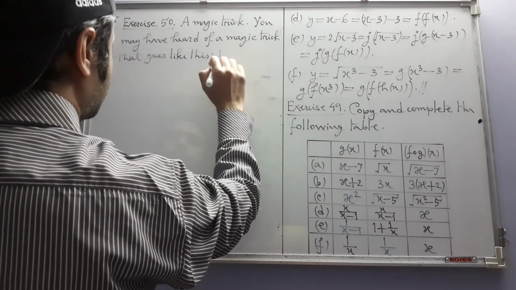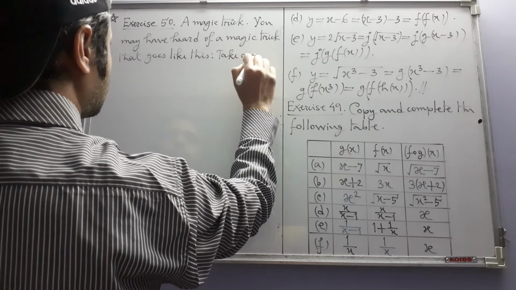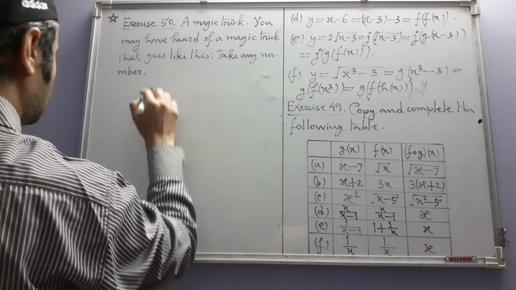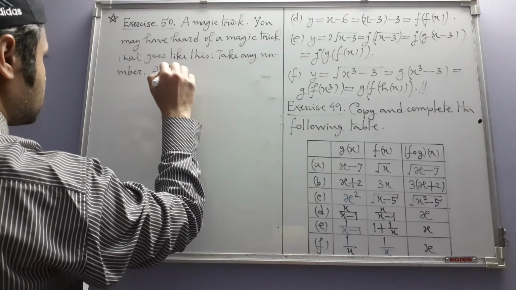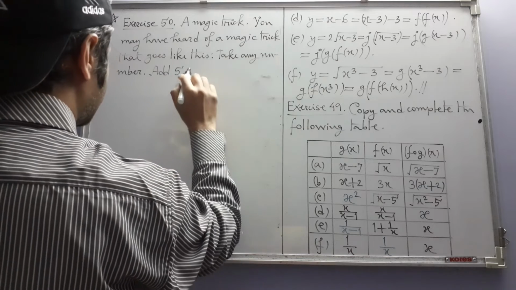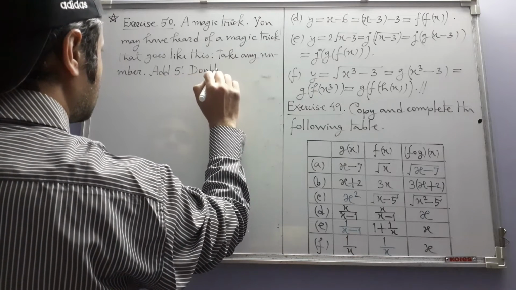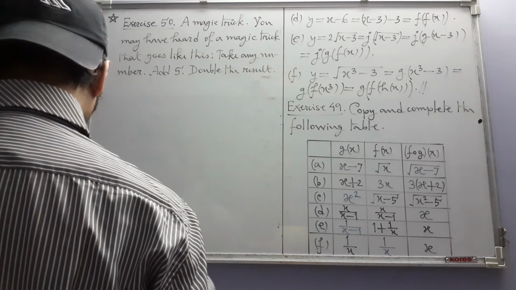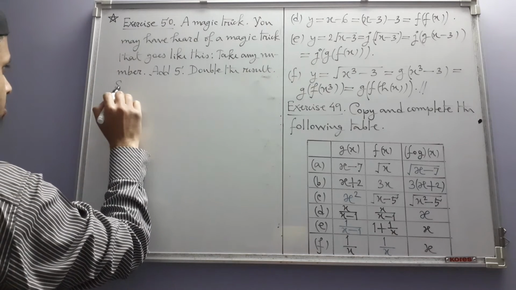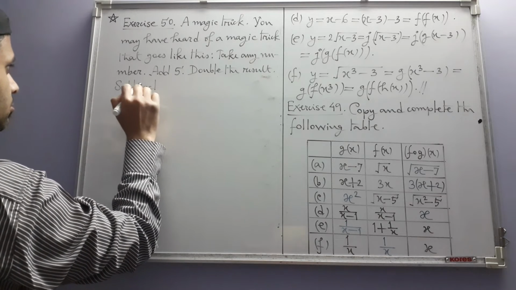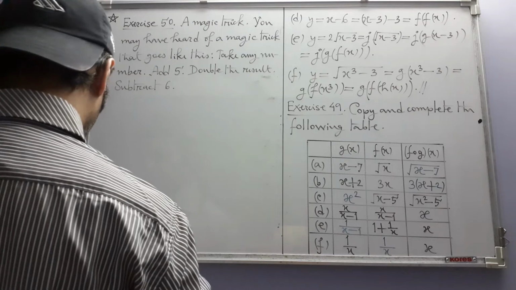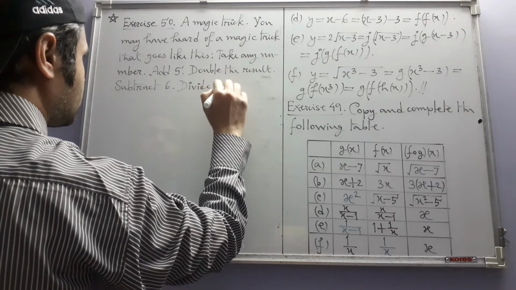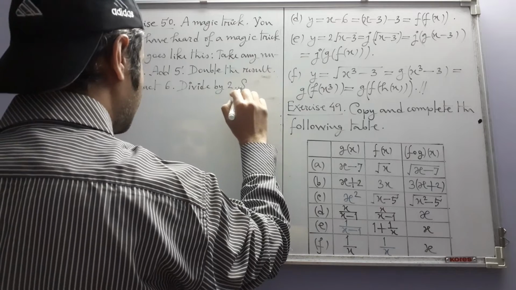Take any number, add 5, double the result, subtract 6, divide by 2, then again subtract 2.